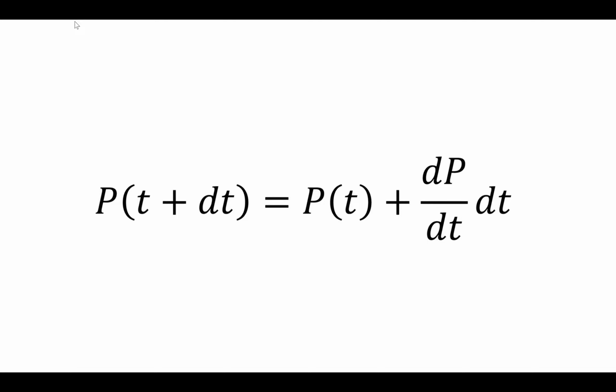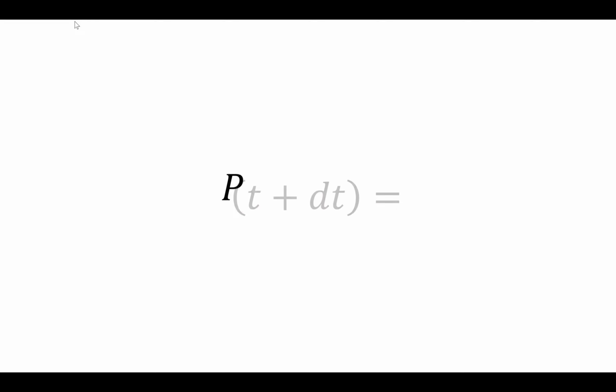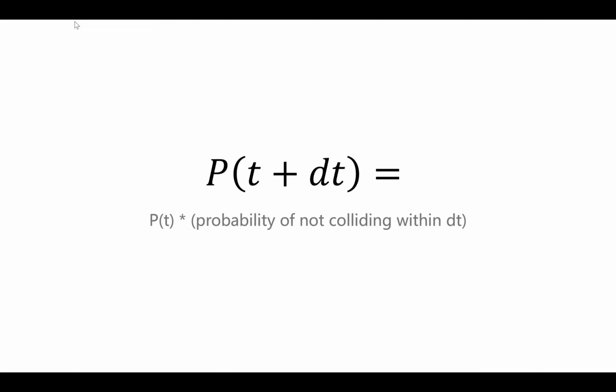Okay, why is this even important? Recall that we have this equation describing the probability from time t to time t plus dt. Recall that p is just the probability of you not colliding from time 0 to time t. Now, we can find another way of writing p of t plus dt. What is it? Well, p of t plus dt is just p of t, that is the probability of you not colliding from 0 to t, times the probability of not colliding from time t to t plus dt.